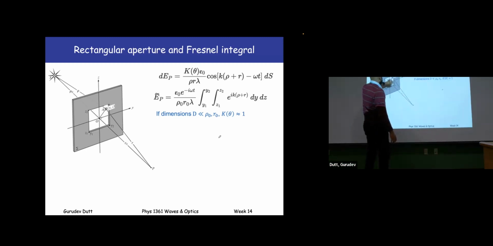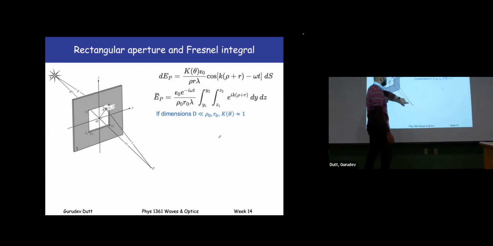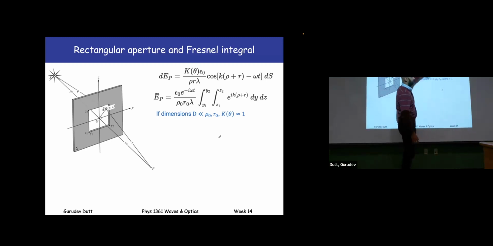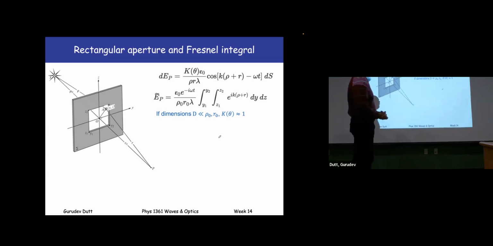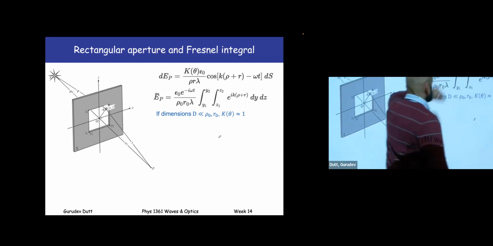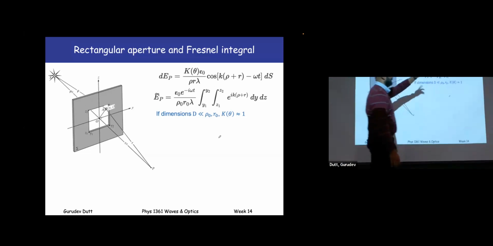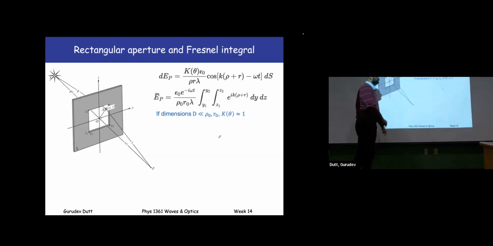That's the distance to the point A. Since it emits a secondary wave, that 1 over r shows up in the amplitude as well. And then, of course, we need to multiply by the wave, which is cosine of k times rho plus r, the total phase from the source to the point P, minus omega t, and then multiplied by the area of this small element here.